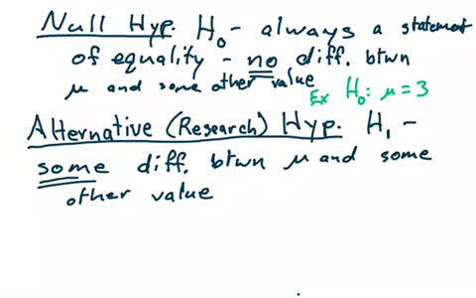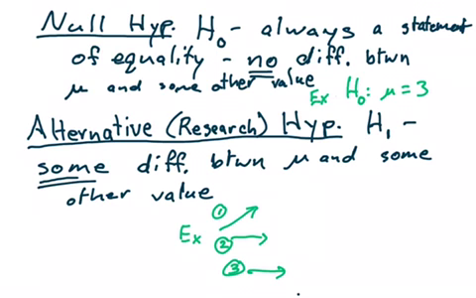So here, for our alternative hypothesis, we've got 3 different ways that we could do it. I'll just number them 1, 2, and 3.